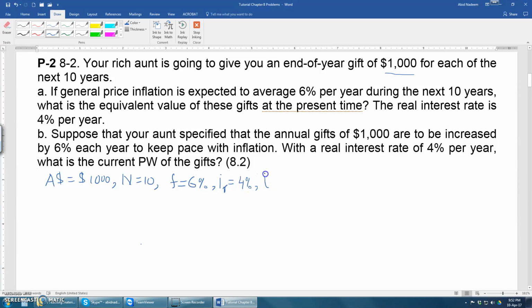For the market interest rate, you know that it is equal to IR plus F plus IR into F. So if you input the values, IR is equal to 0.04, plus F is equal to 0.06, plus 0.04 multiplied by 0.06.